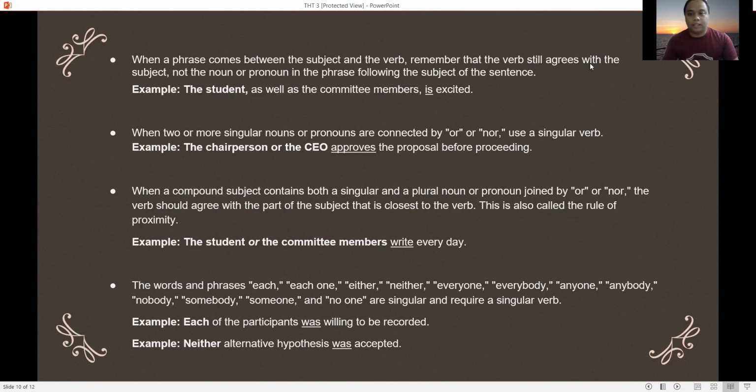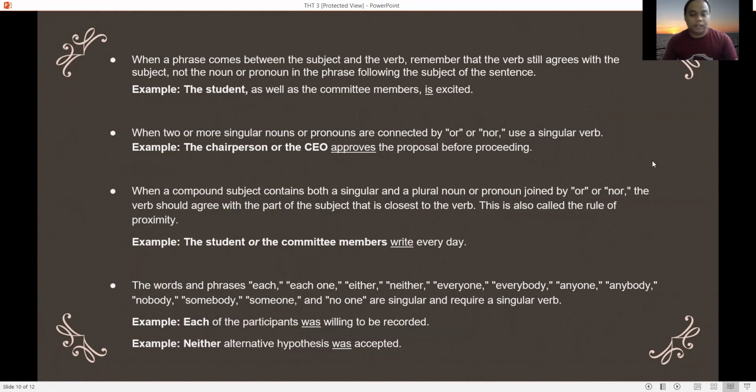Remember that the verb still agrees with the subject, not the noun or pronoun in the phrase following the subject of the sentence. As an example, the student as well as the committee members is excited. Okay, the next one, when two or more singular nouns or pronouns are connected by or or nor, use a singular verb. As an example, the chairperson or the CEO approves the proposal before proceeding.